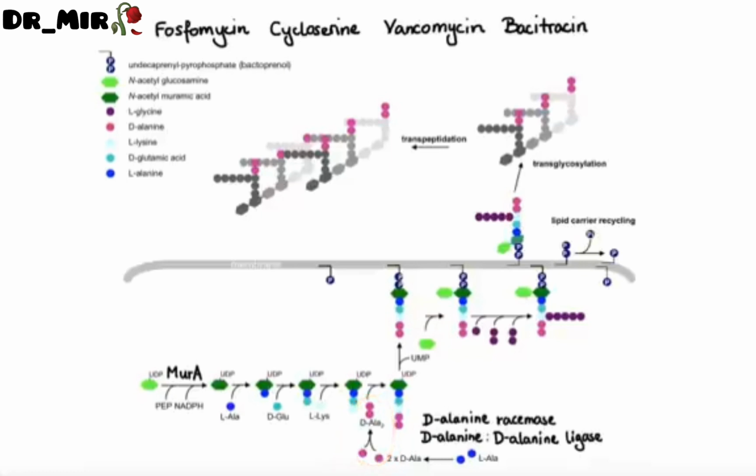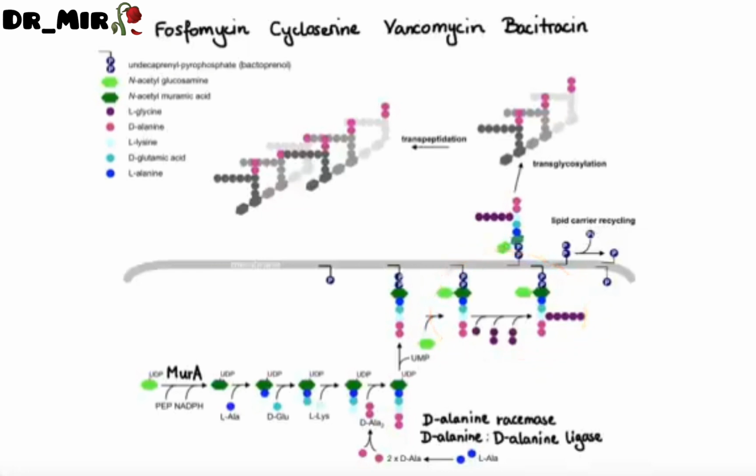Next, with the help of translocase enzyme, peptidoglycan precursor is transferred to the lipid carrier called undecaprenyl pyrophosphate, also known as bactoprenol. This is followed by sequential addition of N-acetylglucosamine along with 5 amino acid molecules.